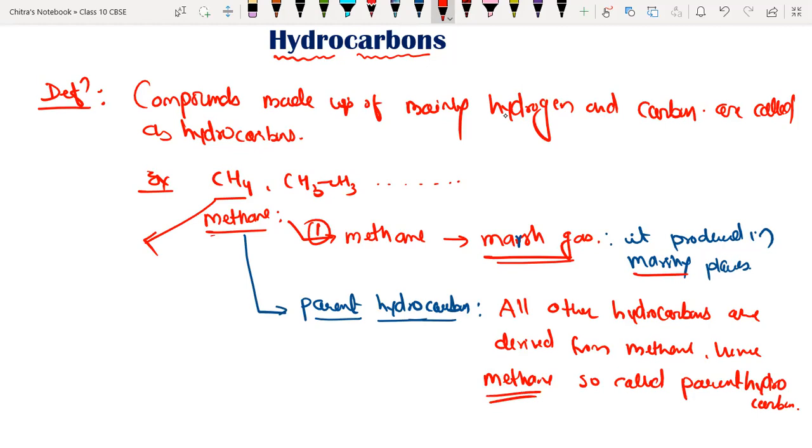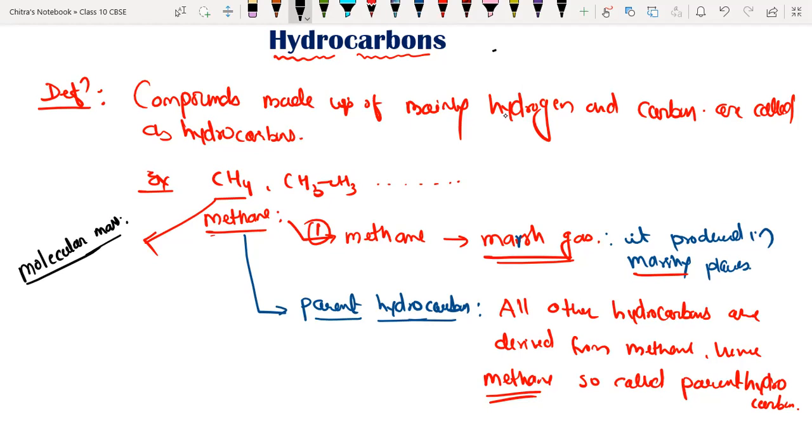Now we are going to derive the molecular mass of methane. So what is molecular mass? It is the mass of all the atoms present in a compound, or we can say it is the mass of all the atoms in 1 mole of any compound. 1 mole, very important.